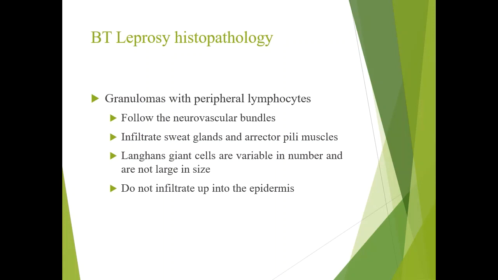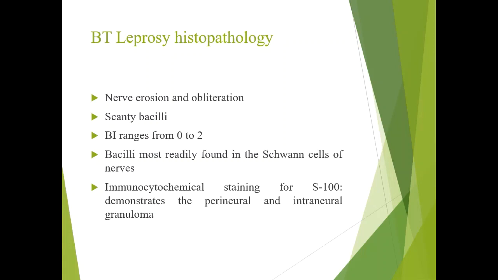They follow the neurovascular bundles and infiltrate sweat glands and erector pili muscles. Langhans giant cells are variable in number and are not large in size. They do not infiltrate up to the epidermis. Nerve erosions may be seen.